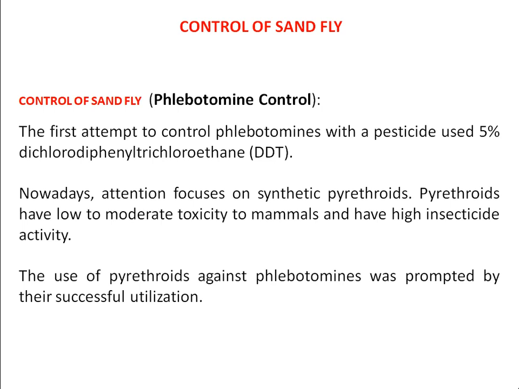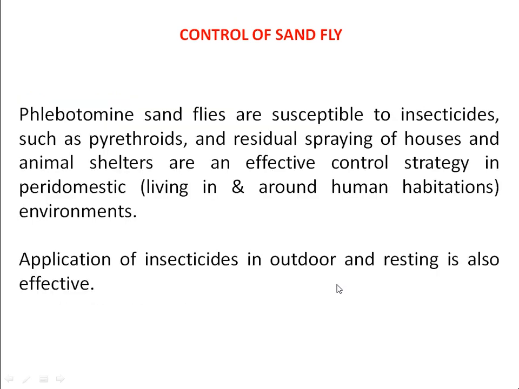The use of pyrethroids against phlebotomines was prompted by their successful utilization in the environment. Phlebotomine sandflies are susceptible to insecticides such as pyrethroids, and residual spraying of houses and animal shelters is an effective control strategy in peri-domestic environments.